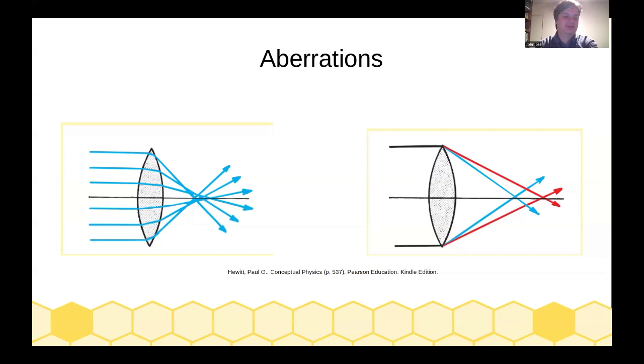It just has a different index of refraction for different colors. Therefore, as it goes through different angles, it's going to come out at different angles. And this is harder to deal with, but we can deal with it by focusing on certain types of light that we're looking at.